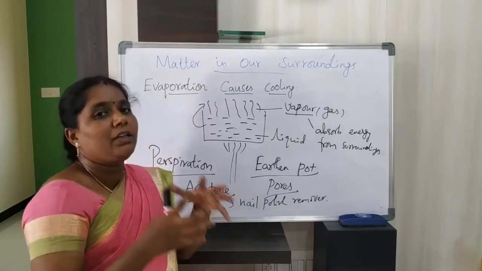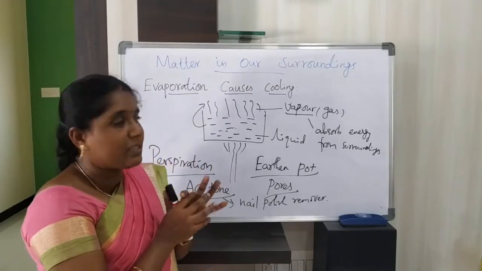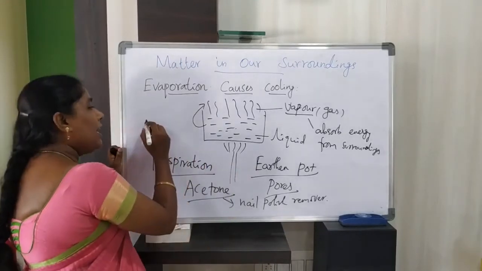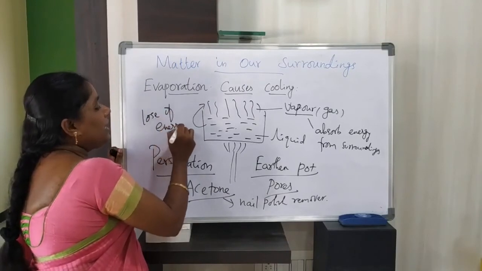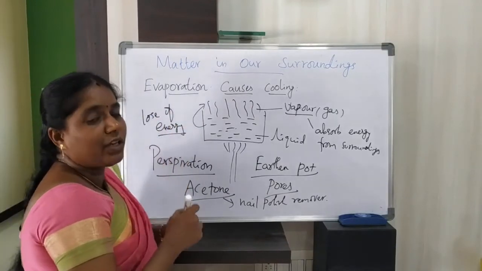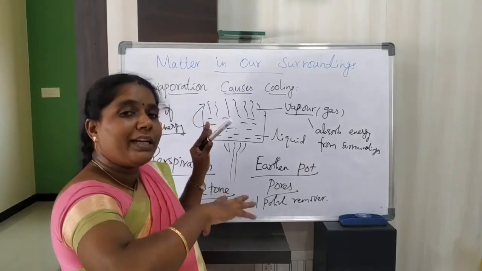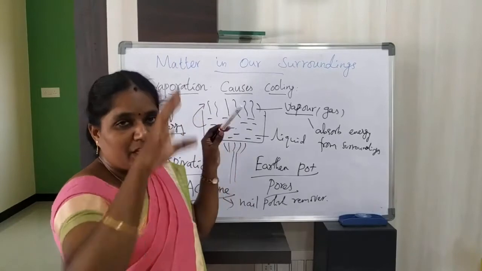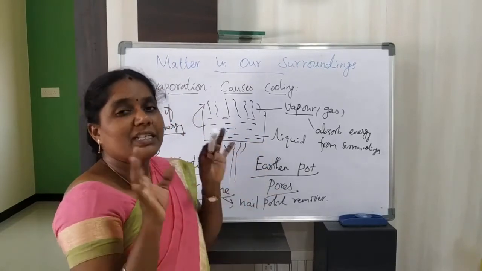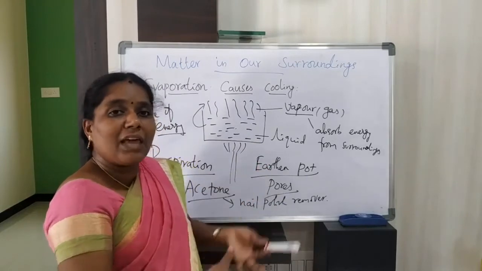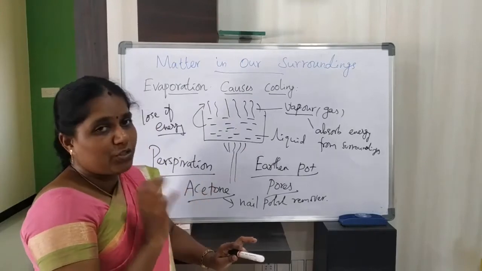During evaporation, a loss of energy takes place. After the loss of energy, the particles absorb energy from the surroundings and that keeps the particles cool. So in this way, evaporation causes cooling.